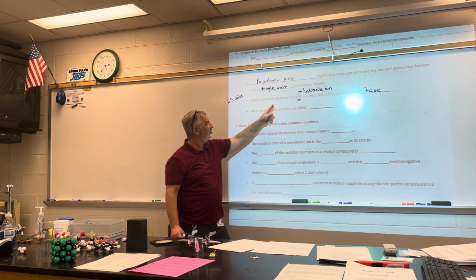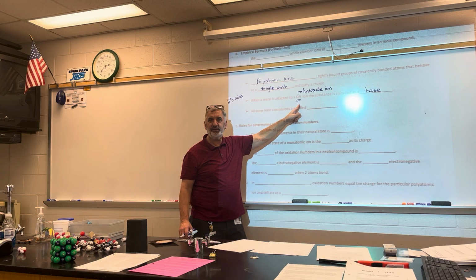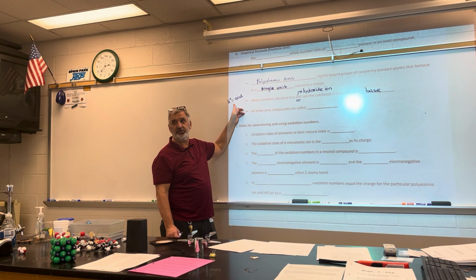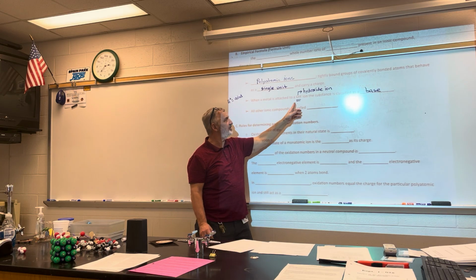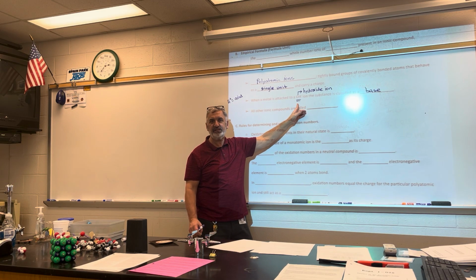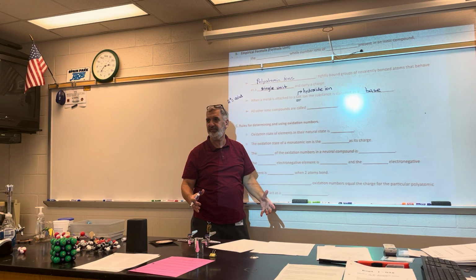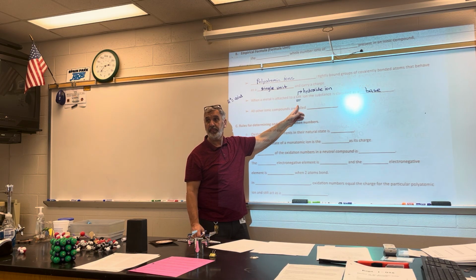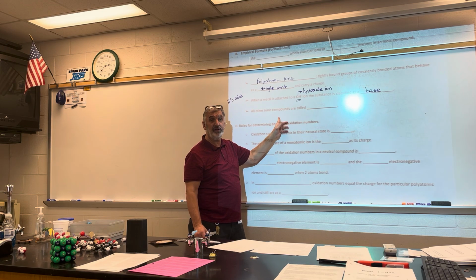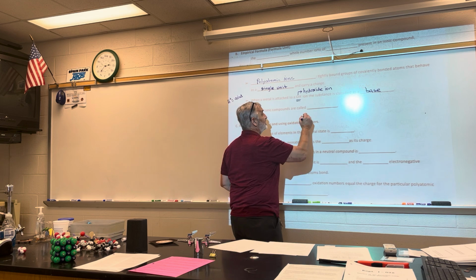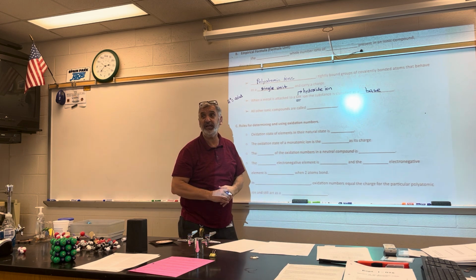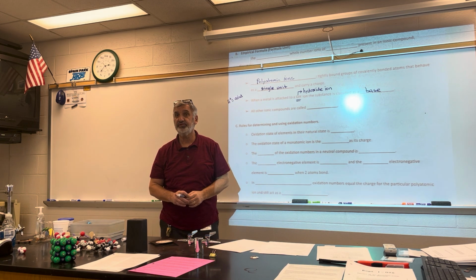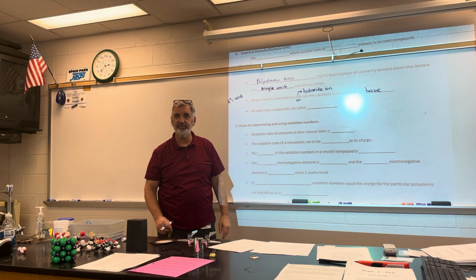H plus OH minus is going to make neutral water. The presence of H plus in a solution makes something acidic. The presence of OH minus in a solution makes it basic, giving it the unique characteristics that they have. You put them together though, they combine and just make neutral water. Now we learned this in chapter 6, but all other ionic compounds are called, what's a common name for ionic compounds? Chapter 6. Salts. Very good.